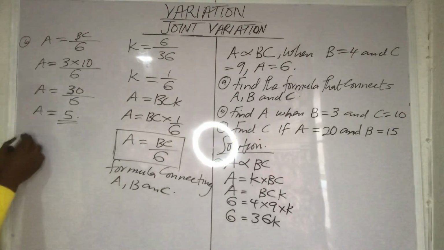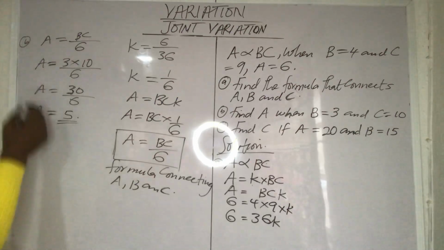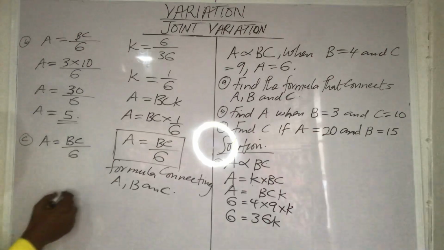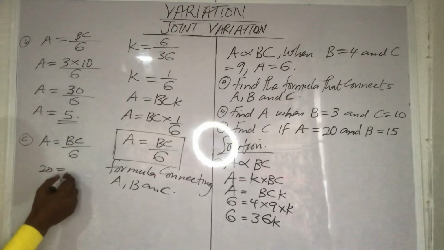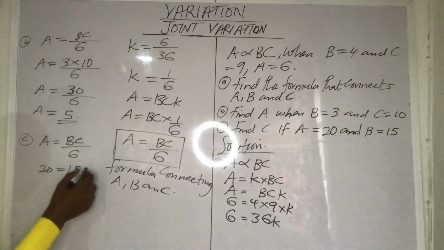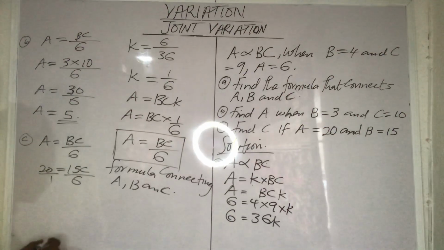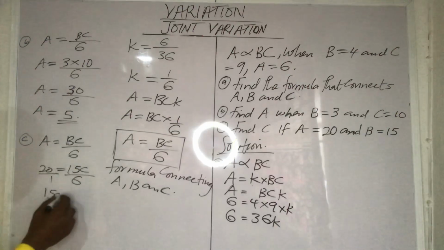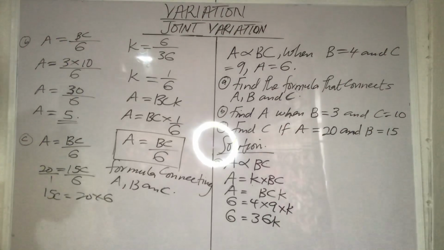Now find C when A is 20 and B is 15. From this formula, A is equal to BC over 6. So A is 20, so I have 20 equals 15C over 6. This is over 1, so I will cross multiply: 15C times 1 equals 20 times 6.